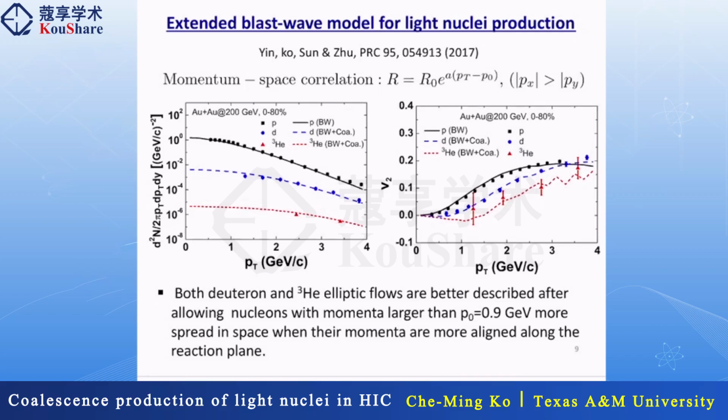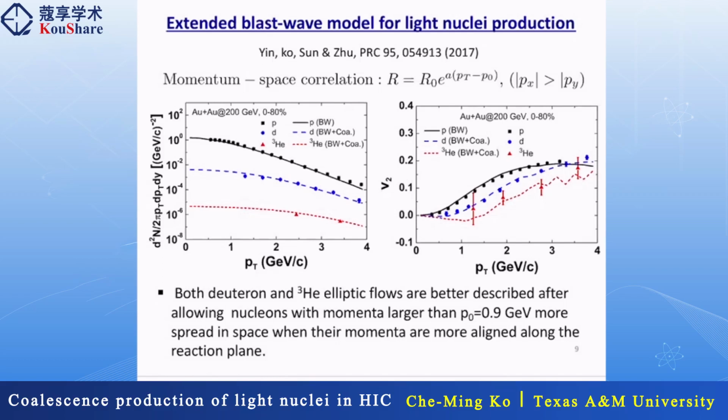If we use the normal coalescence model, then we get the V2 increasing faster with pT than the measurement. Then my student, Ethan Sen, said, if we introduce an idea like suppressing high momentum, the flow is better described after allowing nucleons with momentum larger than 1 GeV to be more spread in space, when the momenta are more aligned along the reaction plane.